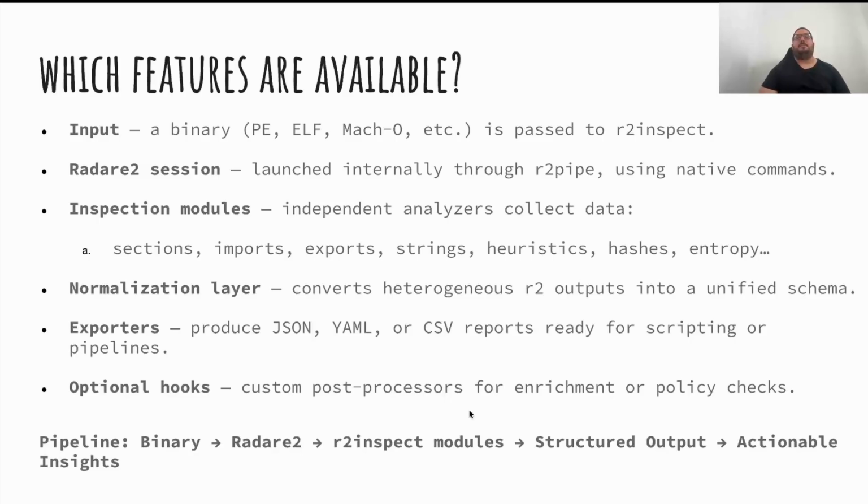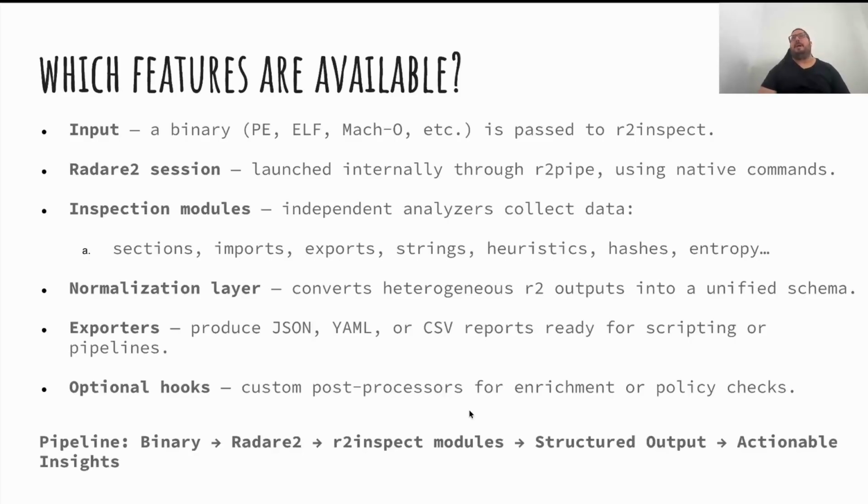I implemented different exporters, trying to cover all the different scenarios that you can face, like producing JSON, YAML, or CSV reports ready for scripting or to introduce into a pipeline. It's also possible to implement optional hooks, like custom post-processors, enrichment, or policy checks, or whatever stuff you need for your workflow.